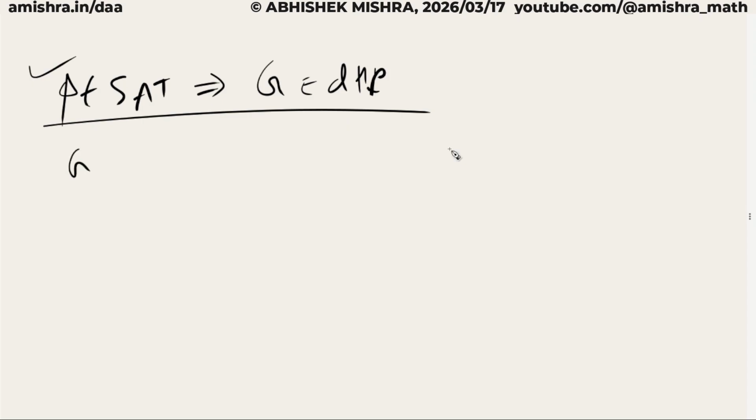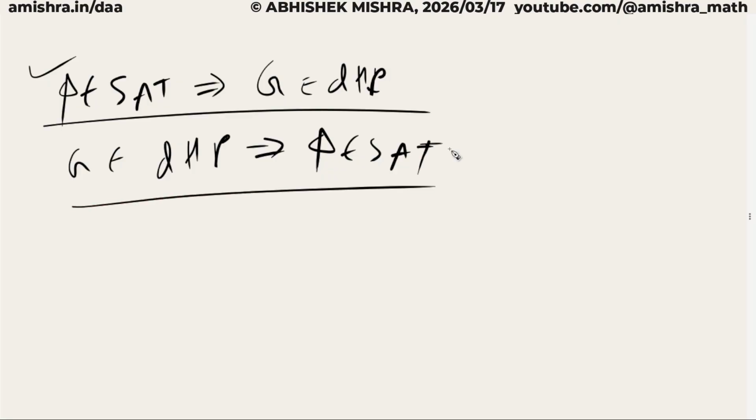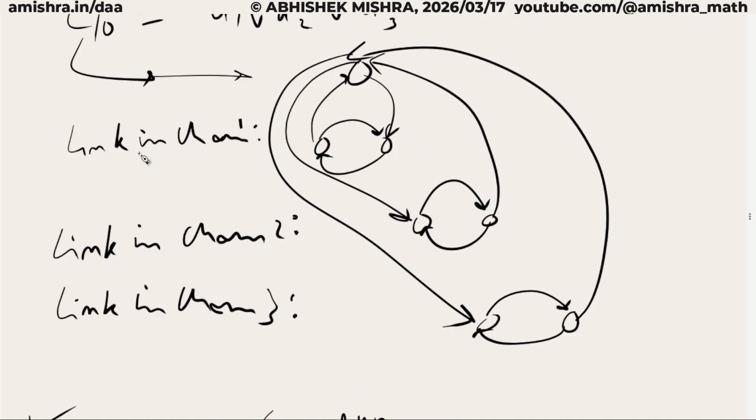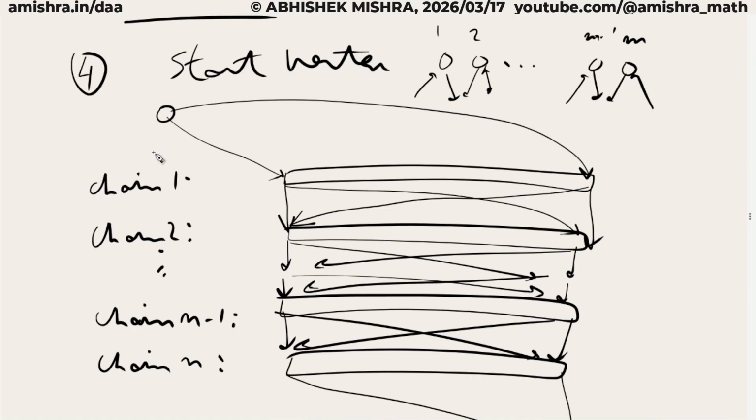Now the reverse we should also prove: suppose our output graph G has a directed Hamiltonian path, then phi is satisfiable. Again, this is also easy to prove. So now we assume that our graph has a directed Hamiltonian path. Once again, the only possibility is we have to start at the start vertex, visit each chain in order, either from left to right or from right to left.